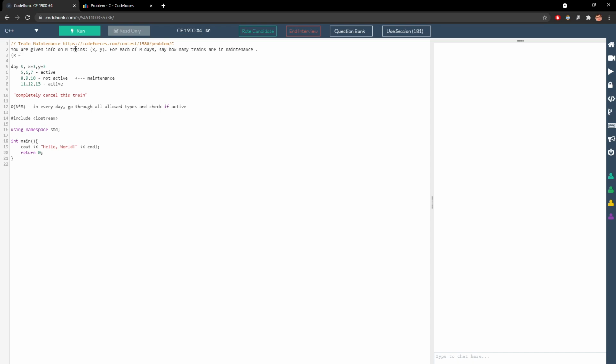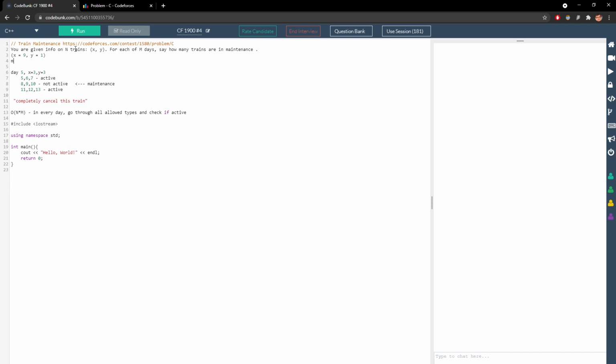If there is, like, x equal to 9, y equal to 1, then the maintenance is on days, let's say, 10, 20, 30, 40 and so on. I'm not sure about off by 1. Maybe we should start from day 0.